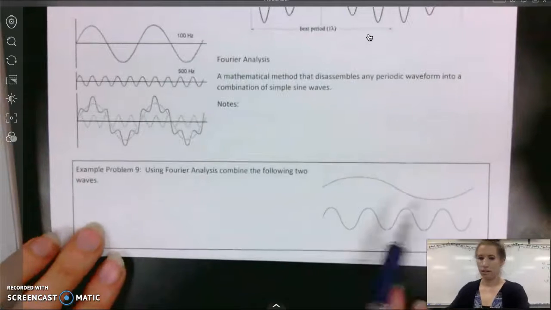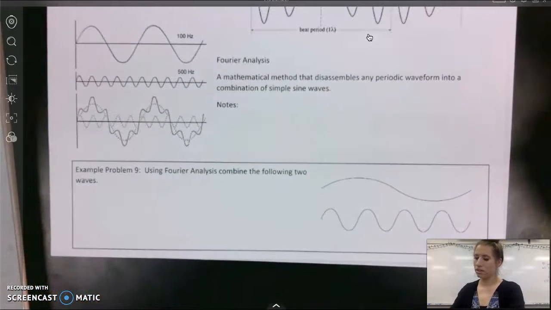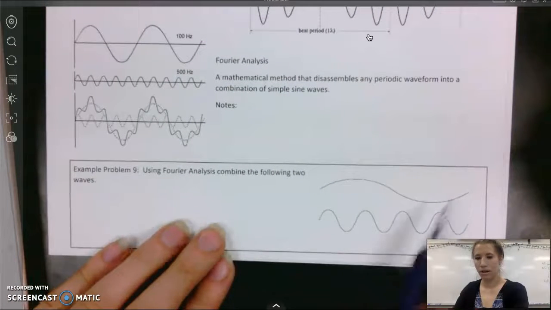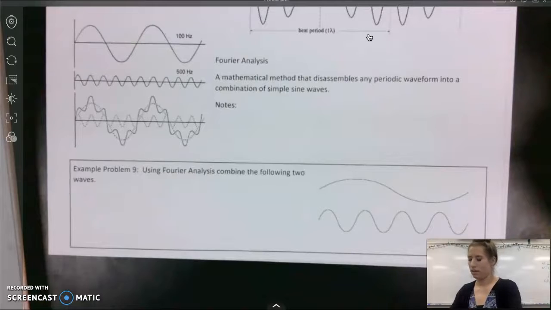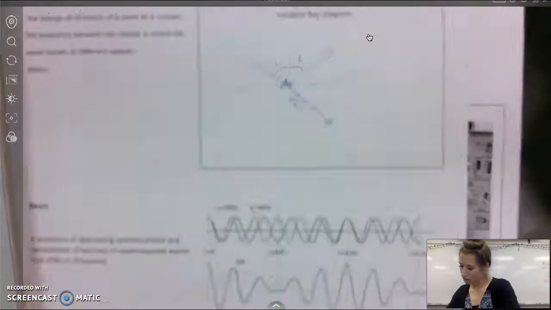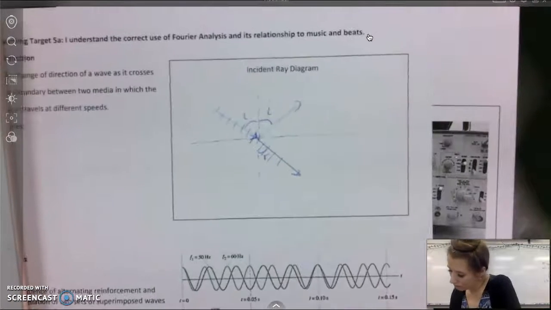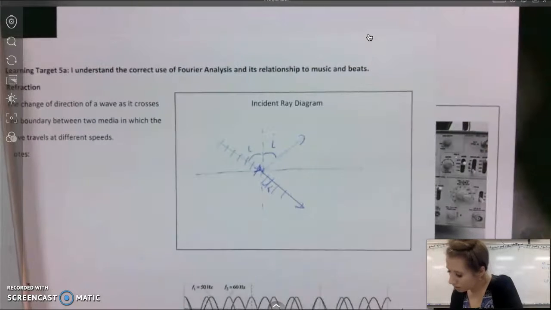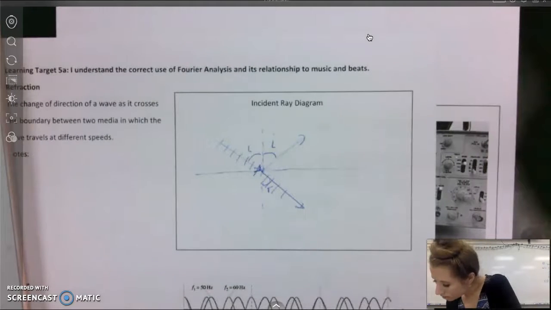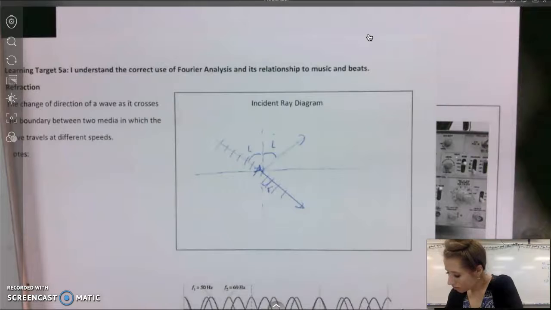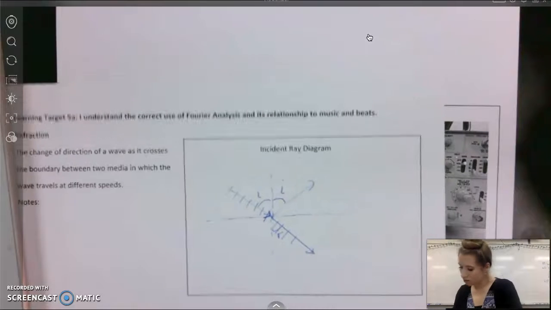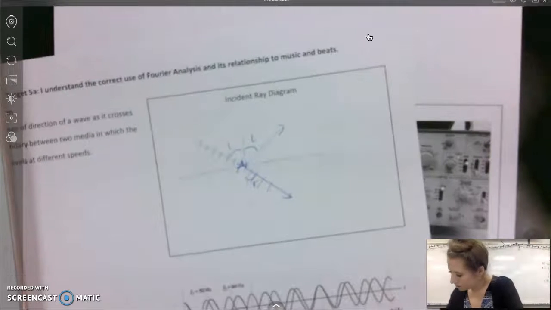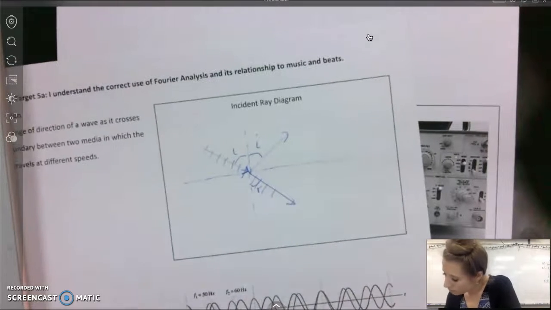Okay, let's look at this problem. We're going to talk about these two waves interacting with each other. And I'm going to take a moment to draw in an origin line for both of these. It'll be helpful for us to determine if it's constructive or destructive, because we want to know, is the wave above the origin or below the origin?